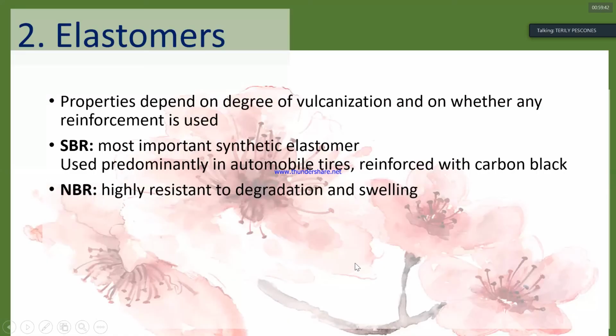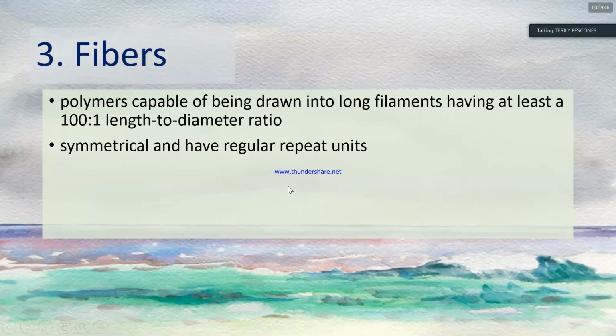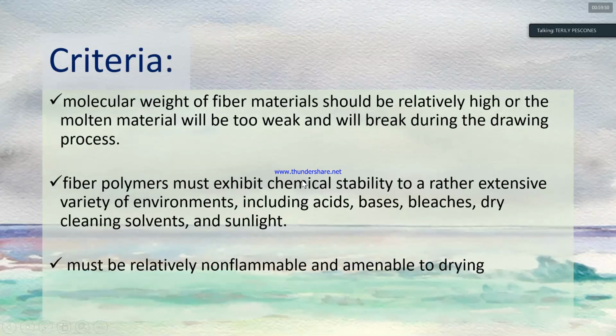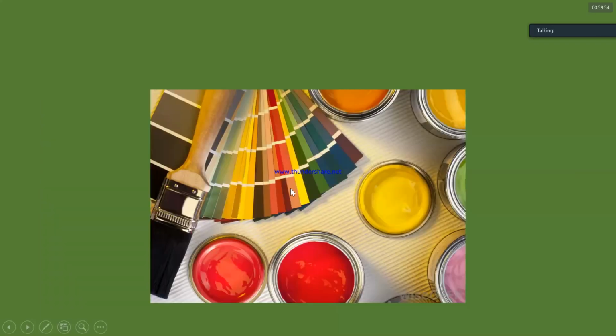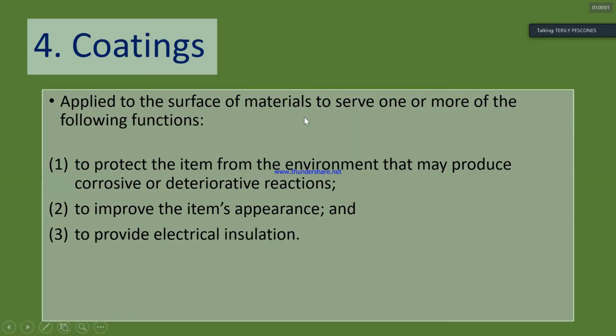Okay, fibers. Then, coatings. Okay, ano yung mga coatings natin? Okay, ito yung mga example ng coating materials natin. Coating materials, applied to the surface of materials to serve one or more of the following functions. So, to protect the item from the environment that may produce corrosive or deteriorative reactions.